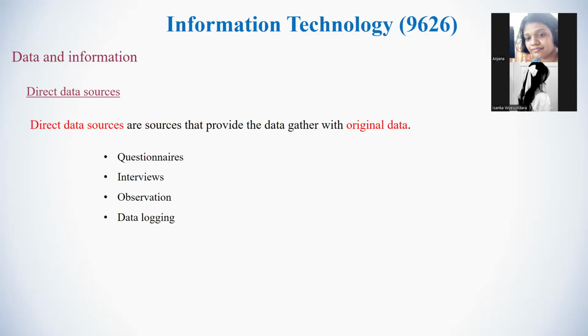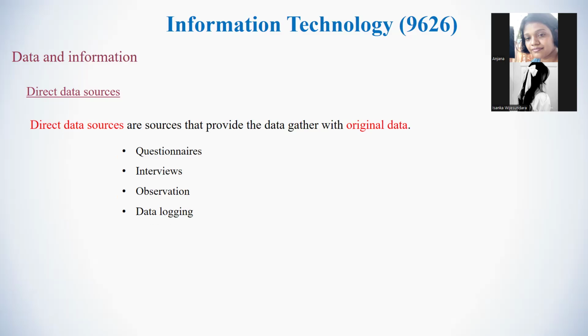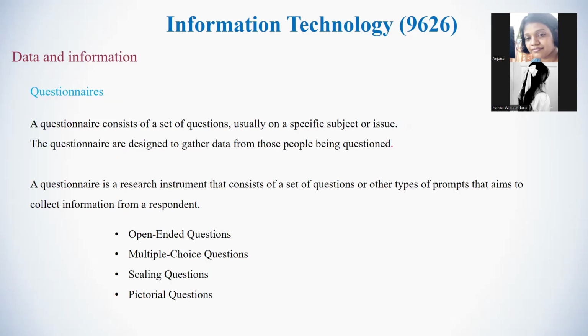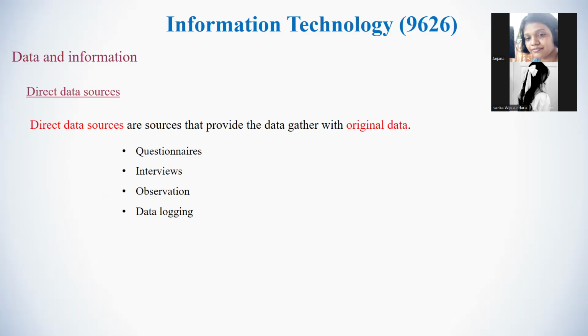So that is also a direct data source. I think they asked this question in this paper also. What are the direct source methods? How can you collect it? What are the indirect source methods? Okay, now, we know the direct data source can have these methods: questionnaire, interview, observation, data logging.